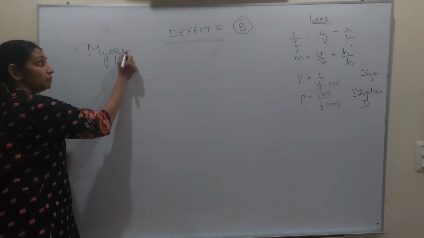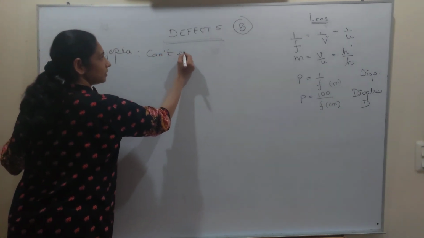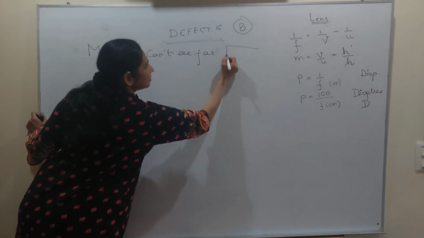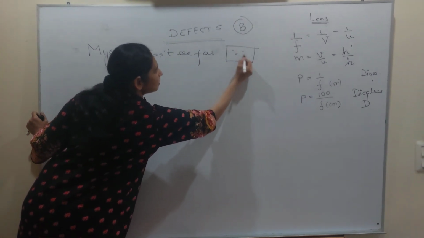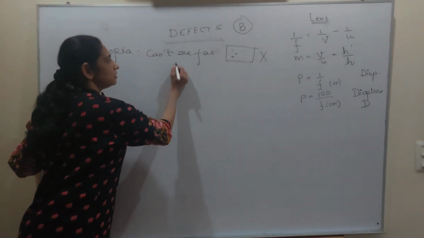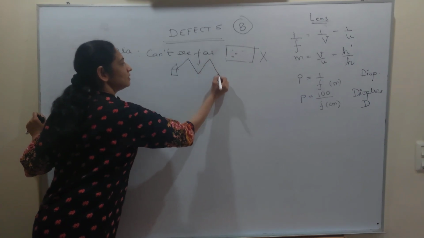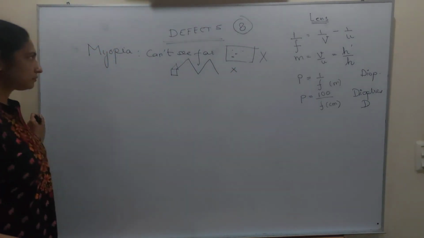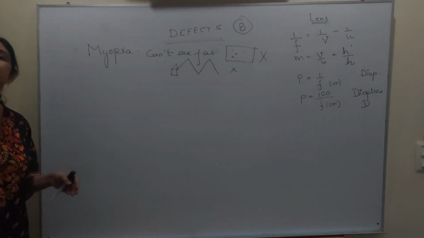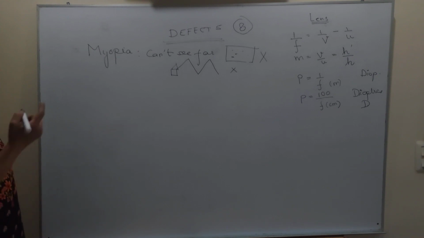Myopia, remember, you cannot see far. That blackboard in the school is not visible to us, or that hut on the mountain is not visible to us. So, what are the various numerical values that we are to be aware of in such cases?